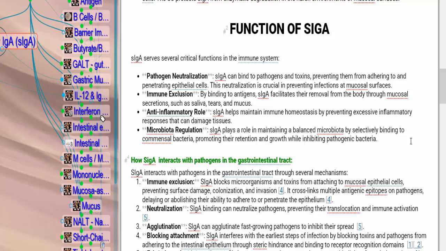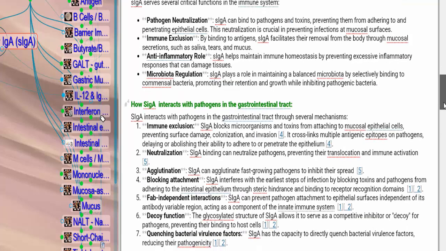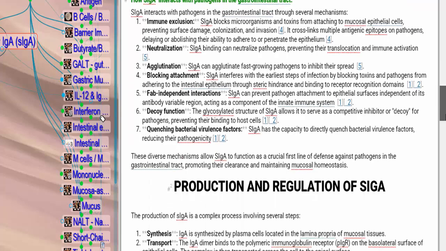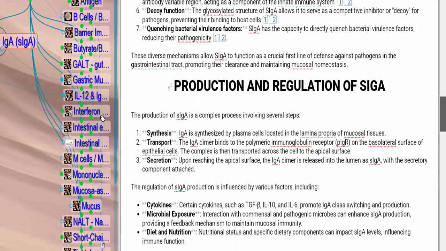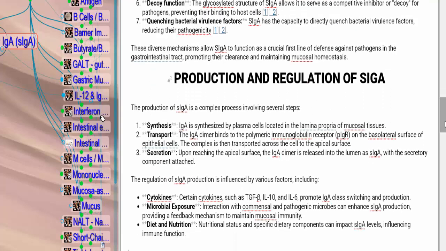It helps balance the microbiome by selectively binding to commensal bacteria, promoting their retention and growth, while inhibiting pathogenic bacteria. Here's a section explaining how it interacts with pathogens in the gastrointestinal tract. And this section will discuss how it's produced and regulated.